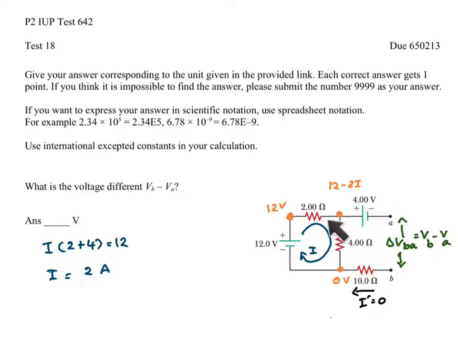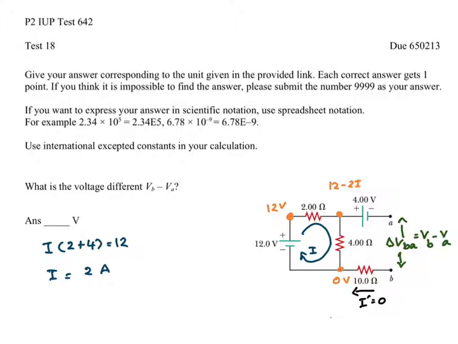So the total resistance here is 2 plus 4, which is 6 ohm, times I must equal the voltage across the voltage source, which is 12 volt. So we have I times 6 is equal to 12, so I is 2 ampere. Okay, we know that the current in this loop is 2 ampere.